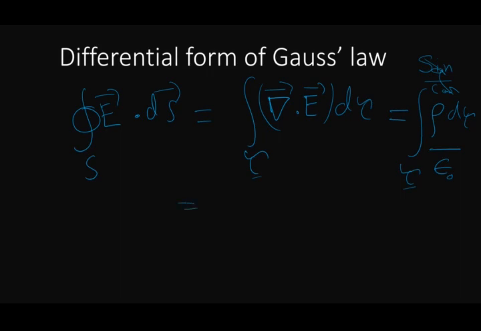You bring that integral to here, then the integral over tau of divergence of E minus rho by epsilon naught d tau is equal to 0. Now this happens for any volume and any kind of closed surface.